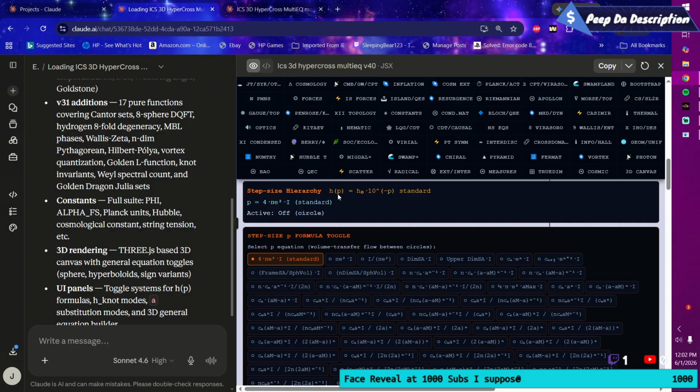So the initial step size hierarchy, h of p, that's the function, equals h naught times 10 to the power of negative p. The negative is important, because it essentially places an inverse on the decimal. You can't really say square root; square root would be 1 over p if you wanted to emulate a square root in exponential form.